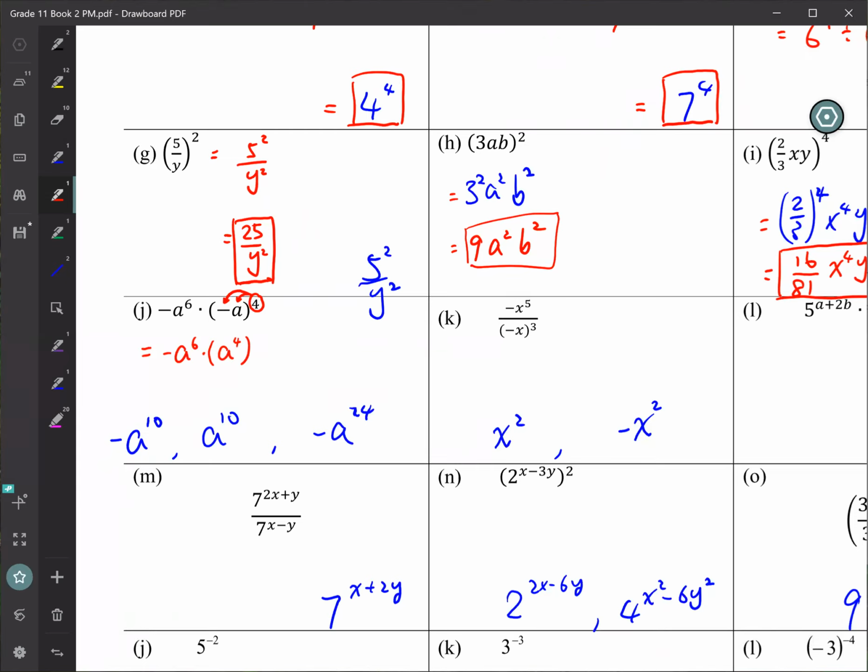Do you follow so far? Because of the 4, it makes the negative go away. Negative is like a coefficient as well. It's like an invisible negative 1. The negative sign is like negative 1. So negative 1 is a number, it's a coefficient, so you can evaluate. It's like a 1 now.